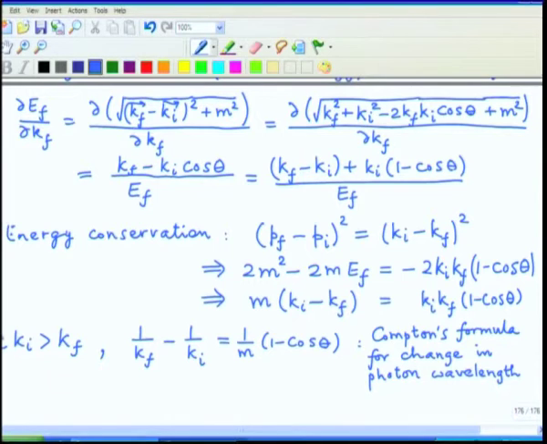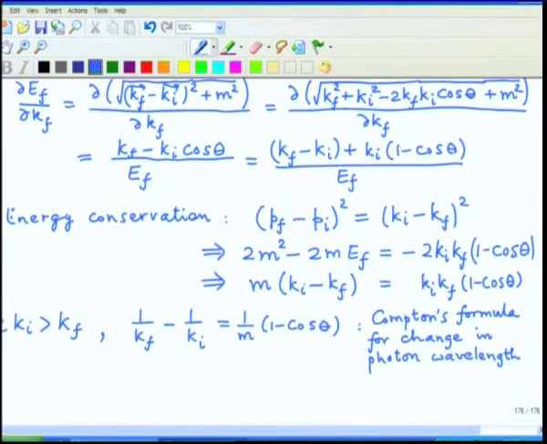And the third thing which we need is to calculate this dE_f by dk_f, for which we must substitute all these cosine thetas and get rid of various unwanted quantities.